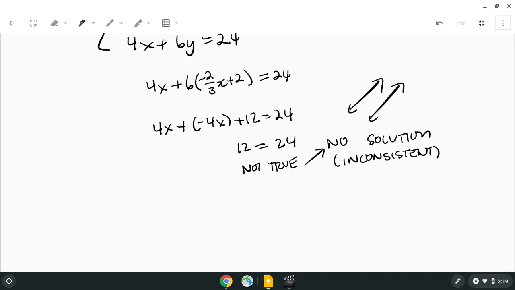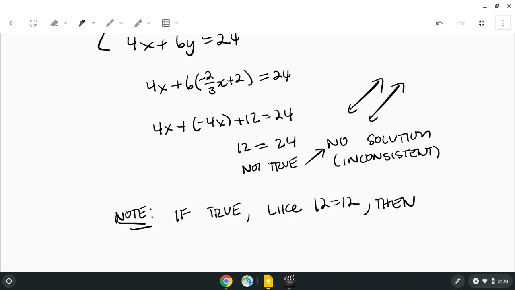Okay, now note. If all your variables drop out and you're left with 2 numbers that are true, so you get true, like 12 equals 12, right? Had you gotten that instead, which is true, then you have infinitely many solutions.